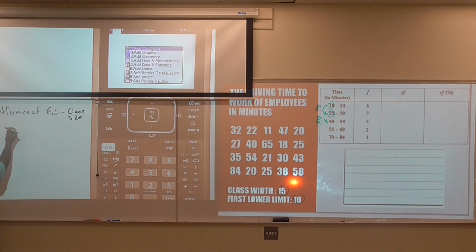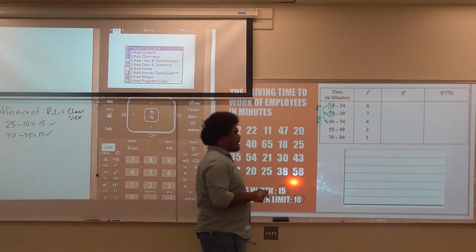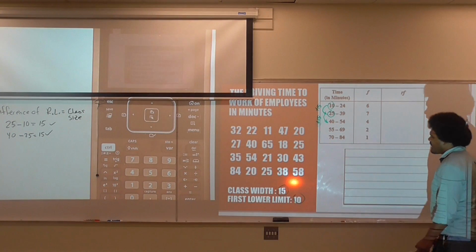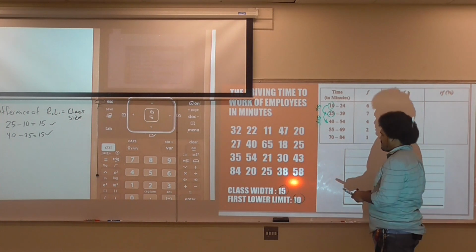So what we're seeing is, for the first one, the real upper limit, 25, minus the real lower limit, which is 10, and that is 15. And the same for the next one: the real upper limit for the same class was 40, minus the real lower limit of 25, and that is also 15. So let's check it out. Therefore we know our real limits, and we know that we have our class width just by looking at the real limits.